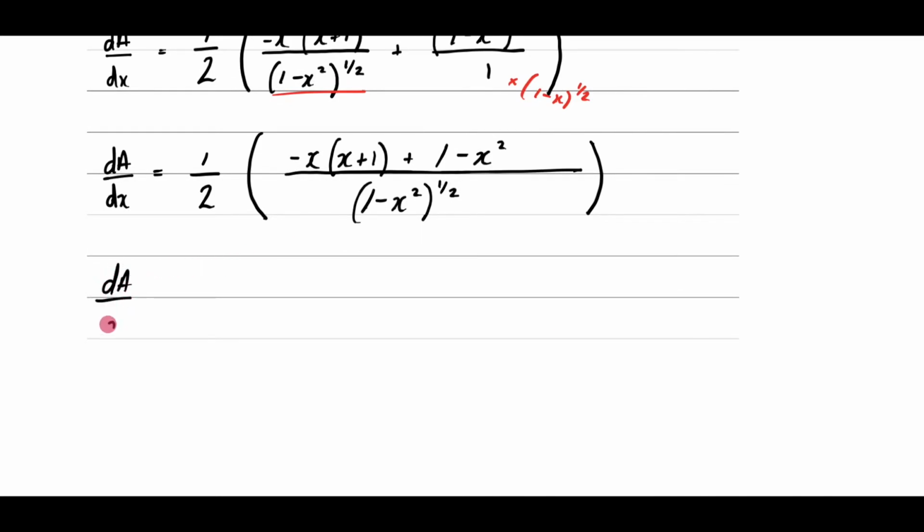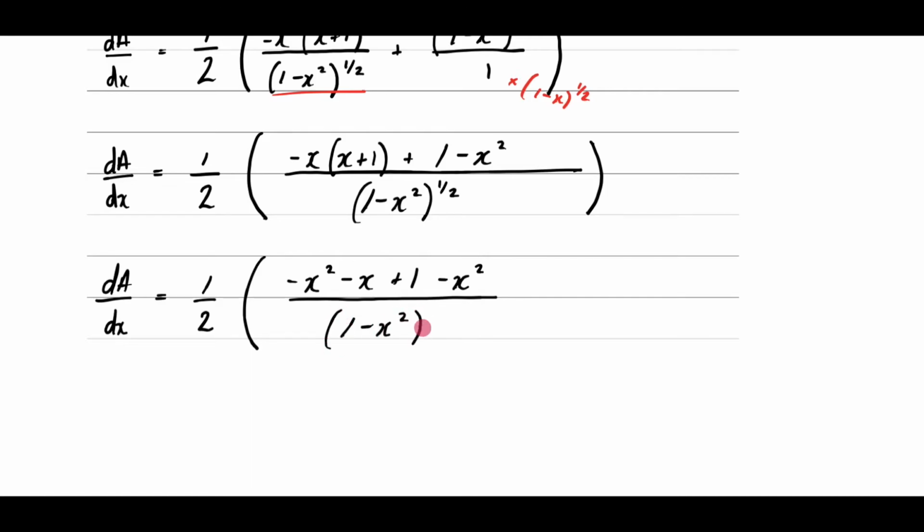dA/dx is equal to half, like that. This is going to be negative x squared minus x plus 1 minus x squared, over 1 minus x squared to the half, like that.